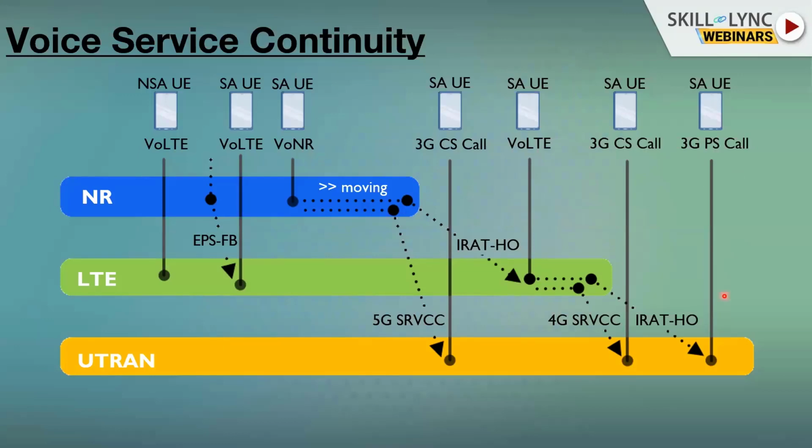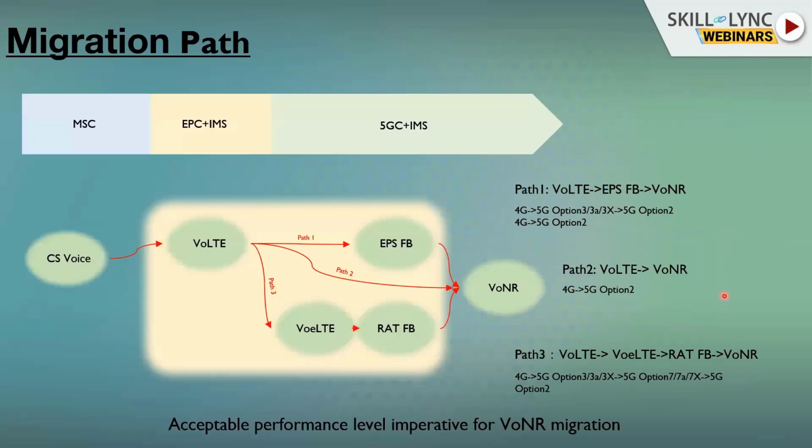How will we move from our present structure to this desired structure? Let's just see the migration path. So this is the migration path. If an operator has just the legacy voice, and then has 4G, how will they move to 5G, or rather if they have the basic voice services, how will they move from basic voice services to this VoNR?